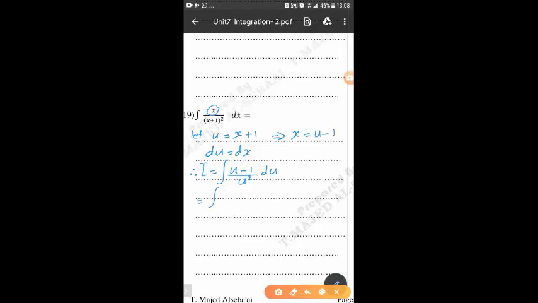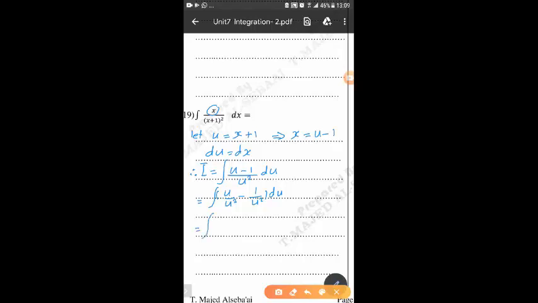I will separate it into u over u squared minus 1 over u squared. Can't I do that? This is a frequent technique we always use in dealing with math. Did you understand? Yes. Okay.